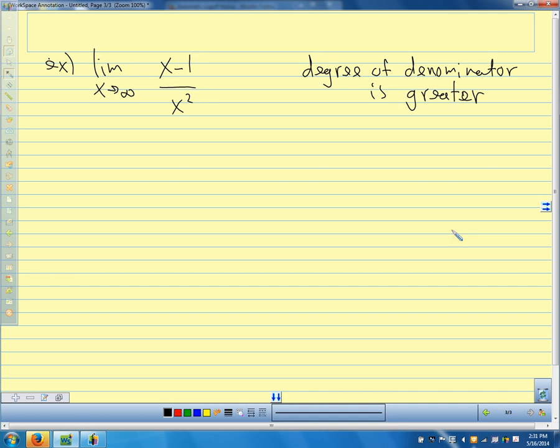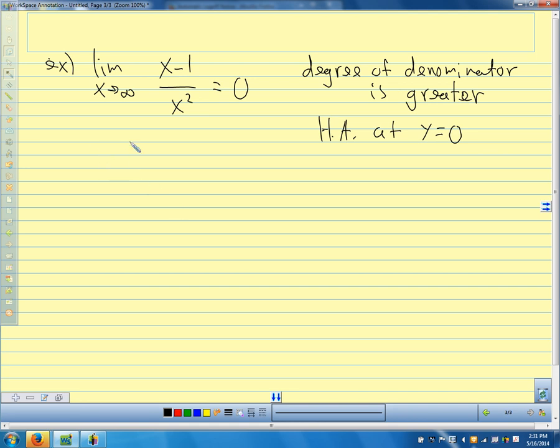Our horizontal asymptote is at, what is it? 0. Horizontal asymptote at 0. I'm going to say HA at y equals 0. So this limit equals 0 because as x gets really big, our function gets closer and closer to 0.